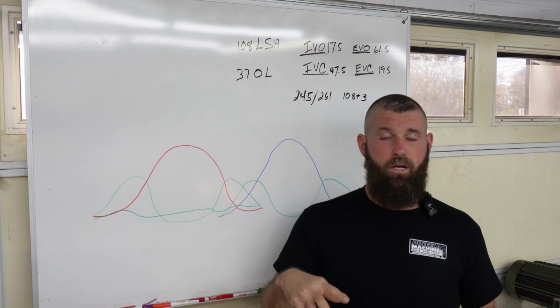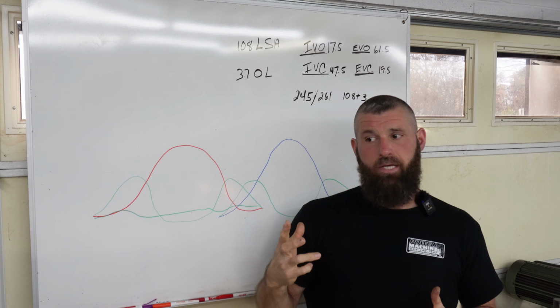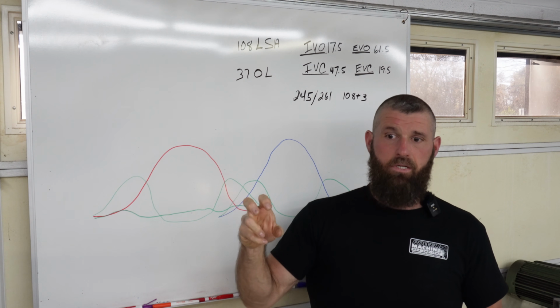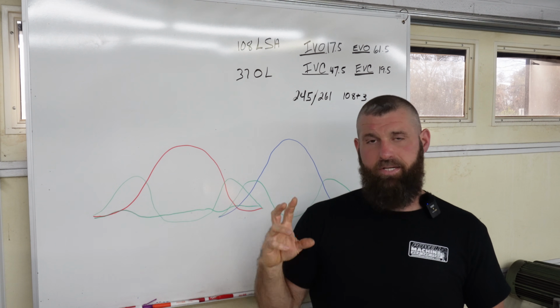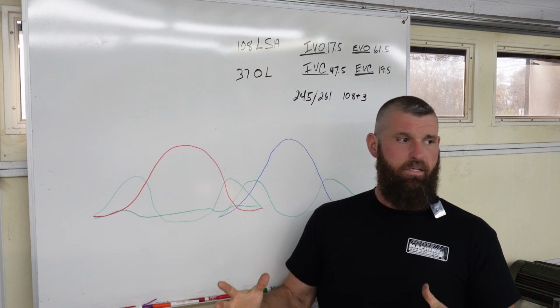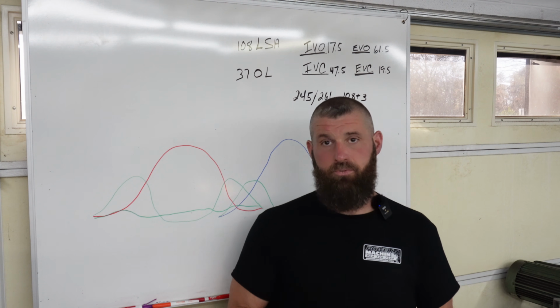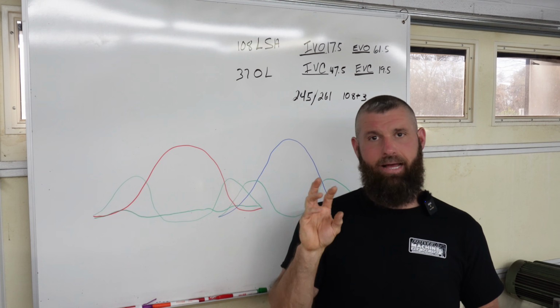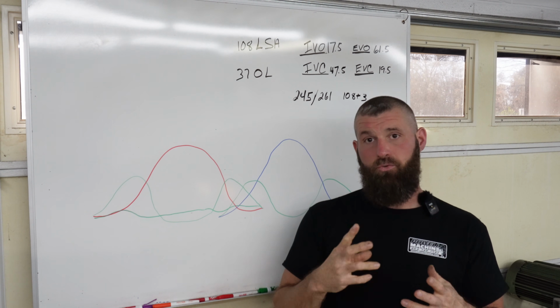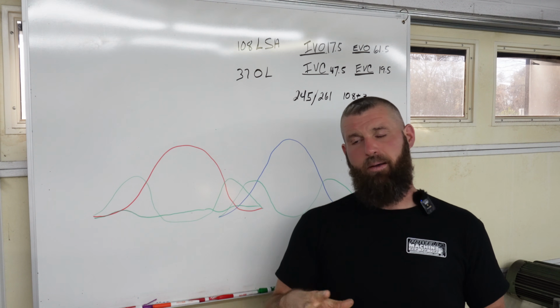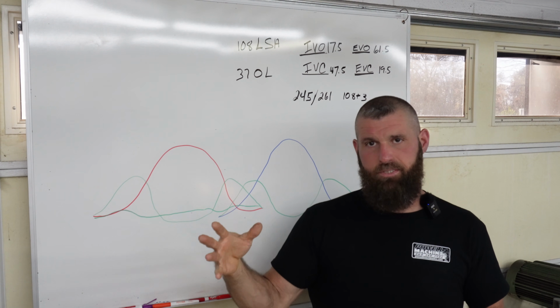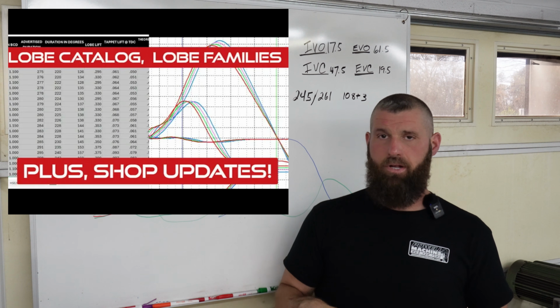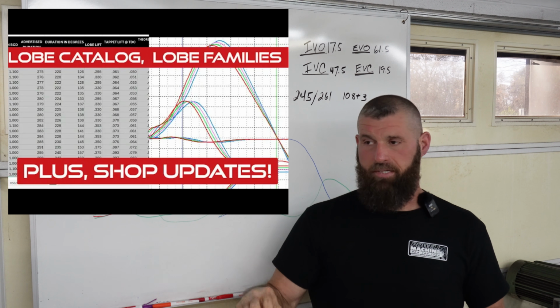This lobe stuff just tickles me to death, because about every 10 or 15 lobes, I learn something new, and it's like, now I can apply that new nugget to my system. And we started making families, and if you ain't seen the lobe catalog video, we'll probably link that in the description too.